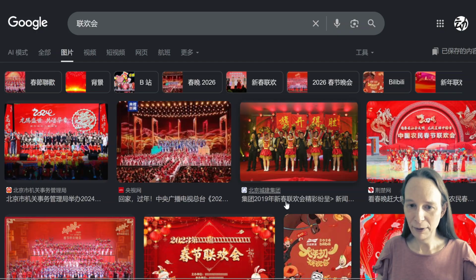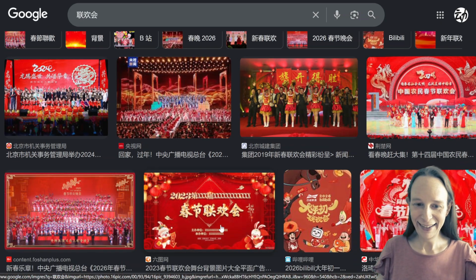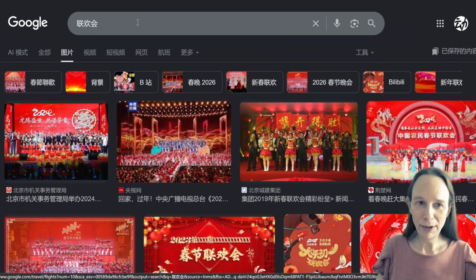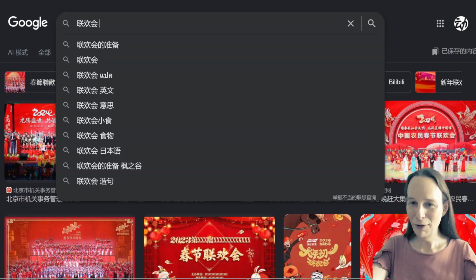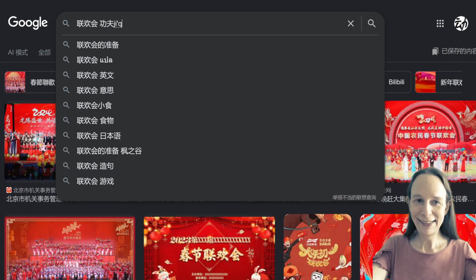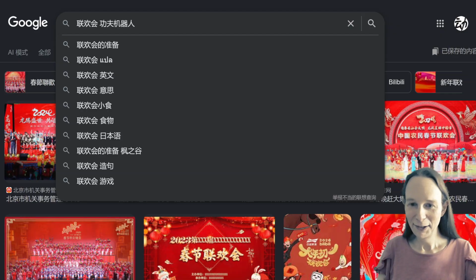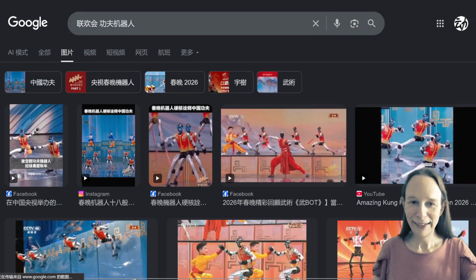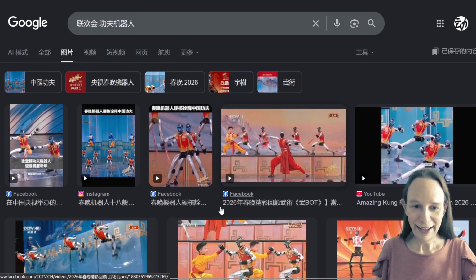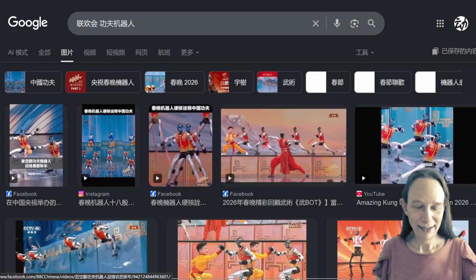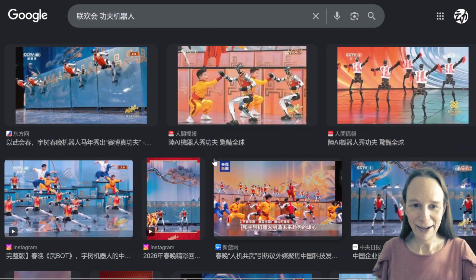This is 联欢会. Here it is, 新年联欢会. Yeah, 中国农民春节联欢会. Yeah, this is where you see this word. 春节联欢会. And where are the kung fu robots? 功夫机器人. 功夫. Here you go. I'm pretty sure this was 联欢会. I'm not so sure now.